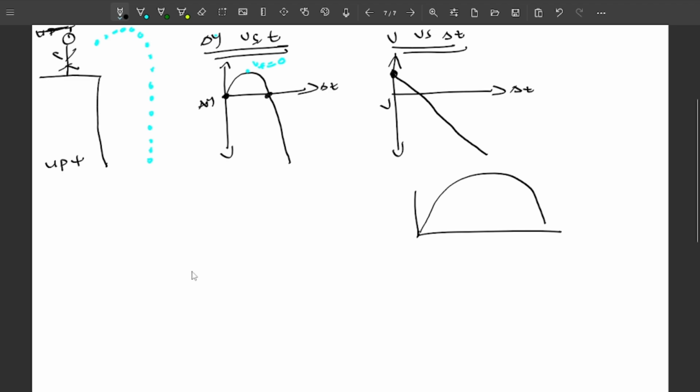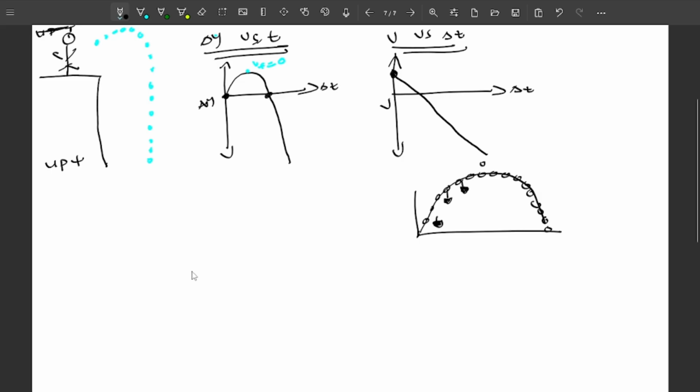Now as it goes up, the velocity, let's draw little bars here, and I think it should be good. Now as it's going up, velocity is going down, velocity is going down, velocity is going down, right?